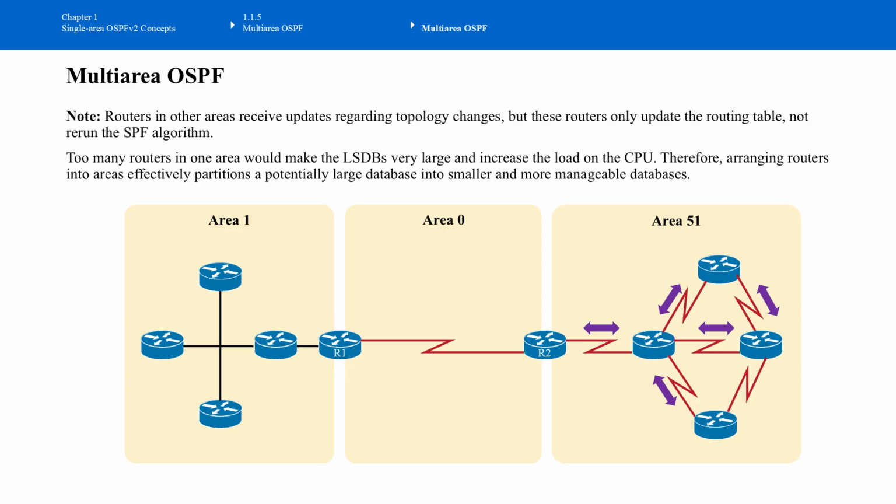Routers in other areas receive updates regarding topology changes, but these routers only update the routing table, not run the SPF algorithm. Too many routers in one area would make the LSDBs very large and increase the load on the CPU. Therefore, arranging routers into areas effectively partitions a potentially large database into smaller and more manageable databases.